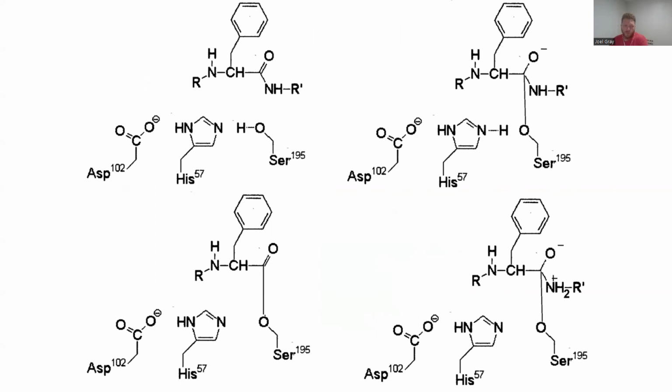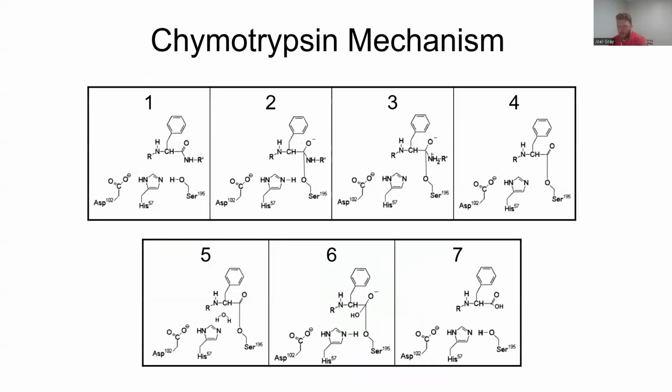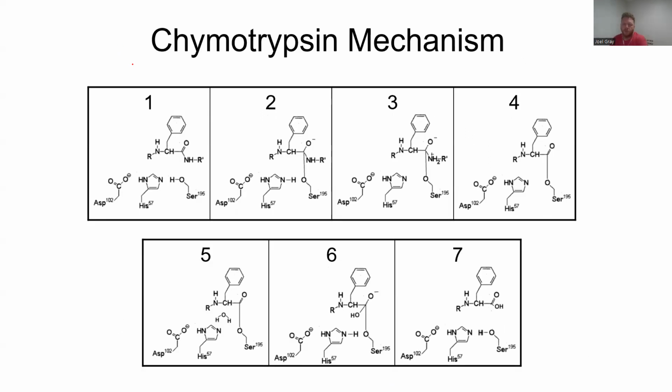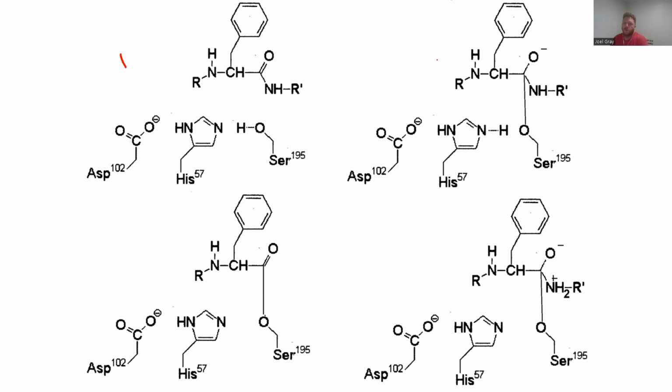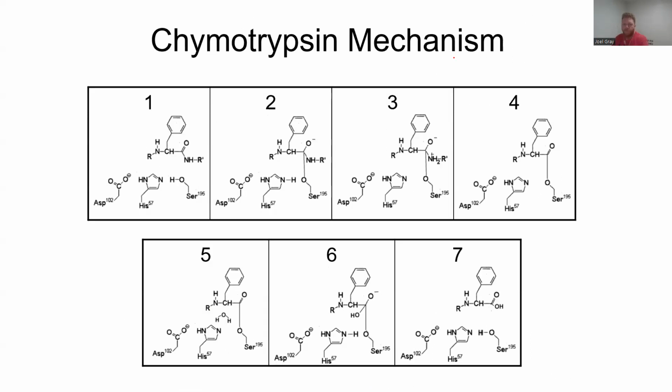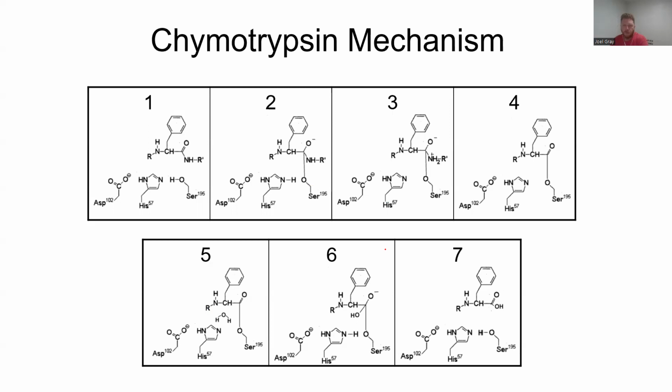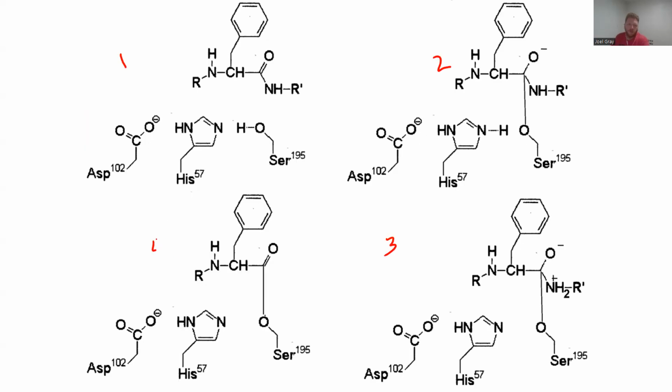So first and foremost, I'd like to walk you through these. So this is step number 1. Step number 2. Step number 3 is here. And then step number 4 is going to be here.